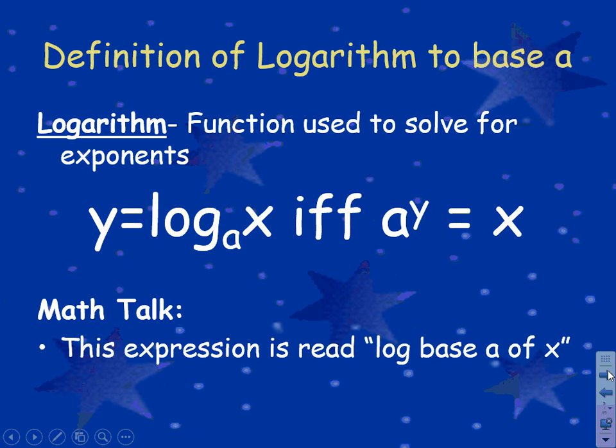When you write this out, you don't have log of a times x. That a has to be a subscript. You read that as y is equal to the log base a of x. And that's true if and only if we take a, your base, to the y, then that's equal to x.